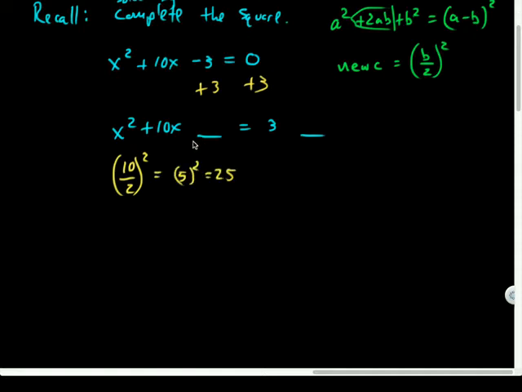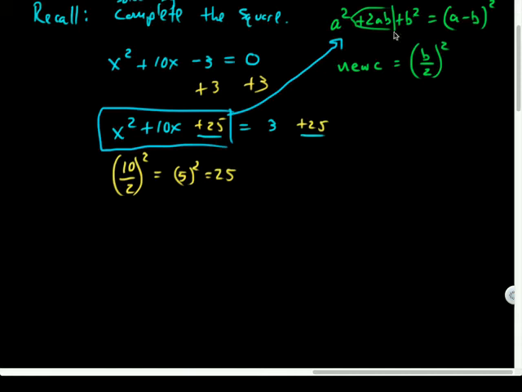All right, so I'm going to add 25 here. And I can't just do it to one side of the equation. I got to do it to both. Am I right? I'm right. And now this left-hand side matches the pattern fully, in which a is equal to x and b is equal to the square root of 25, or 5.